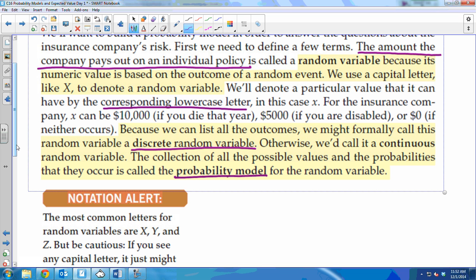In this case, a probability model is going to just lay everything out for you in a table. That's all it is. So that you can see it all, see the outcomes and the probabilities next to each other. It's generally just a list to make sure you're keeping track of everything that's happening. And then from that probability model, we can answer questions. Okay?